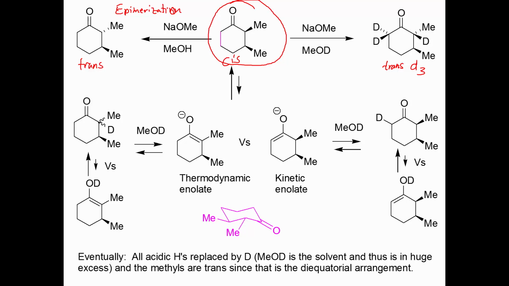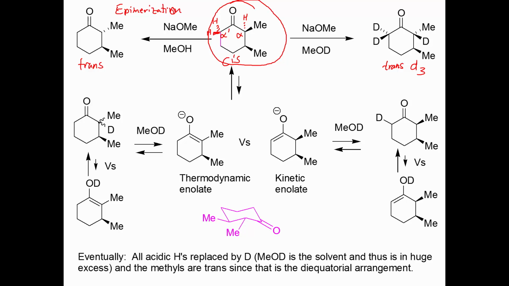If we think about alpha hydrogens that we can remove, there's 3 of them. Each of those 3 hydrogens I just drew is alpha to the carbonyl group, and in theory, any one of them can be removed.